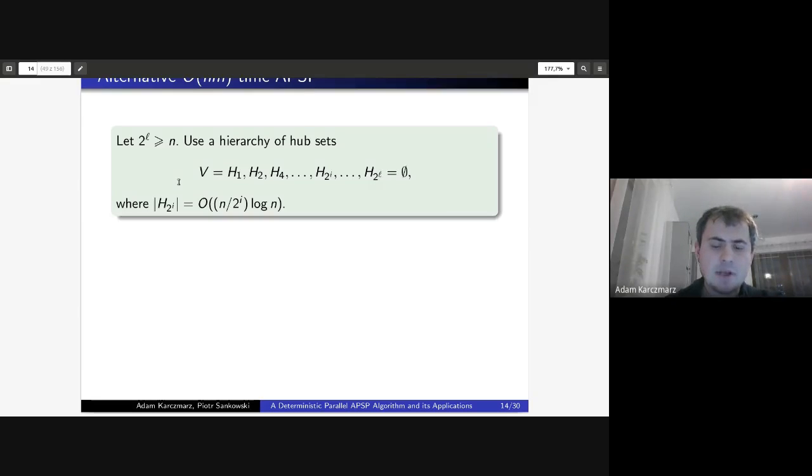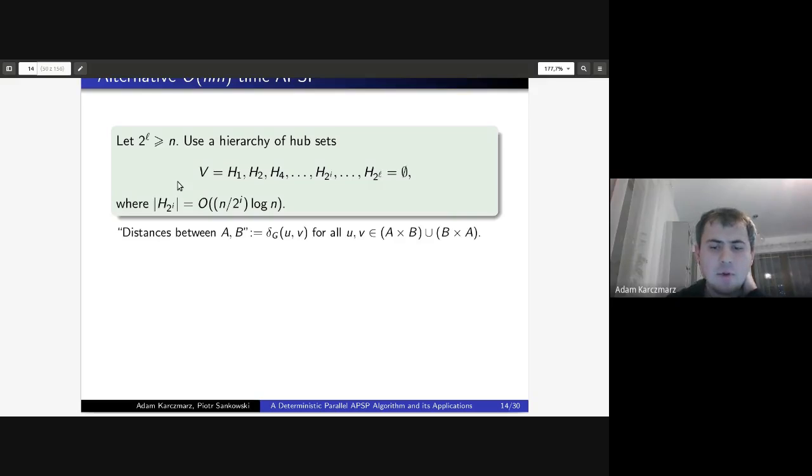And the idea of Bernstein's algorithm is to have a hierarchy of h-hub sets instead. So we have a hub set for all possible magnitudes of h. More concretely, we'll use h-hub sets for h equal to all powers of 2 up to n. So the 2 to the i hub set, for example, if we sample it, will have size n over 2 to the i log n.